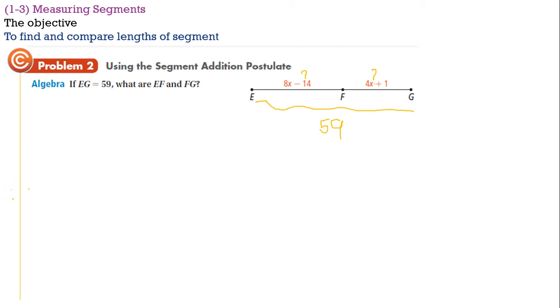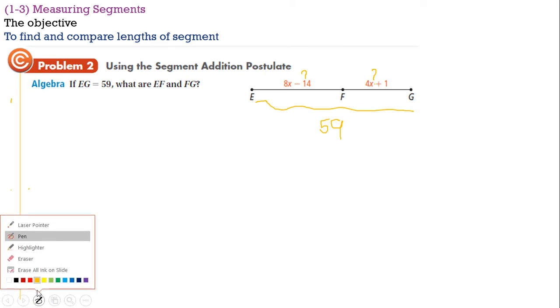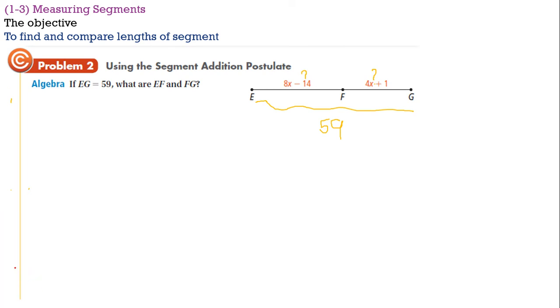By using the segment addition postulate, I will say EF, that's what I have, plus FG will give me all this, which is EG.